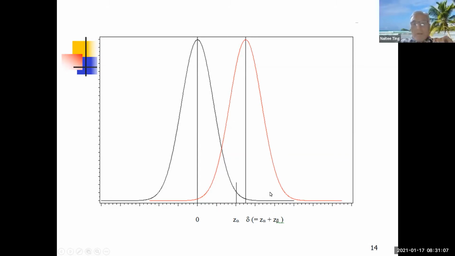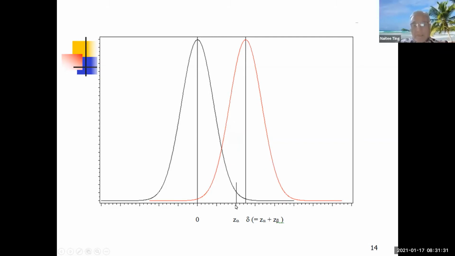Now, like I said, if I standardize the delta by dividing by its standard deviation, here we're talking about the standardized delta. So this difference really reflects the distance between here and here, which is Z alpha, from here to here.